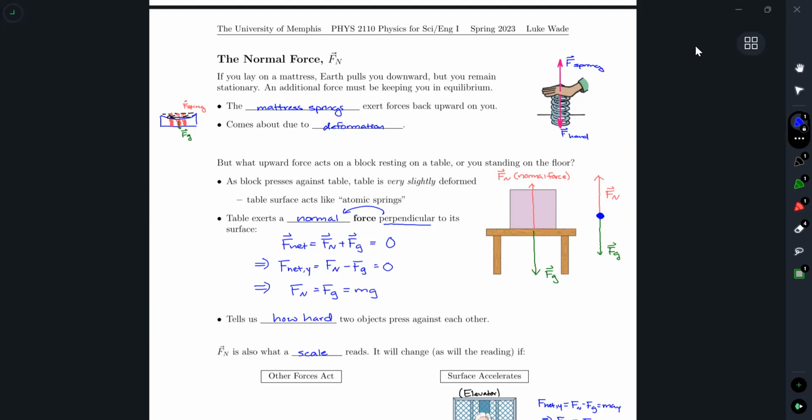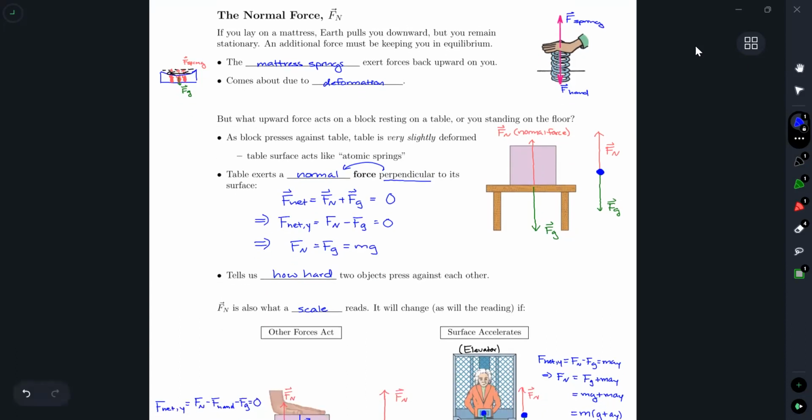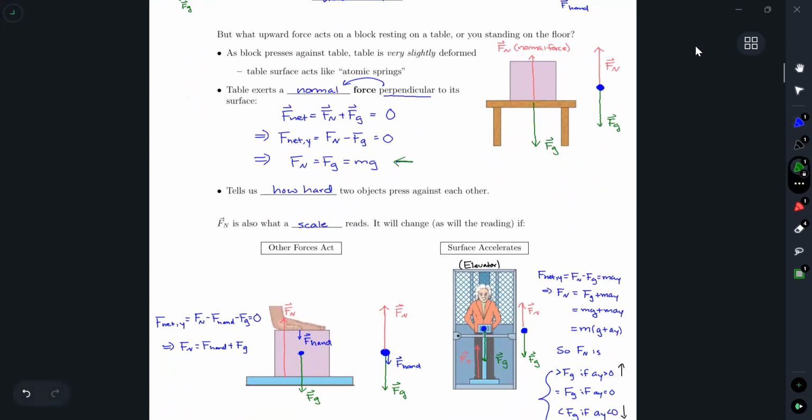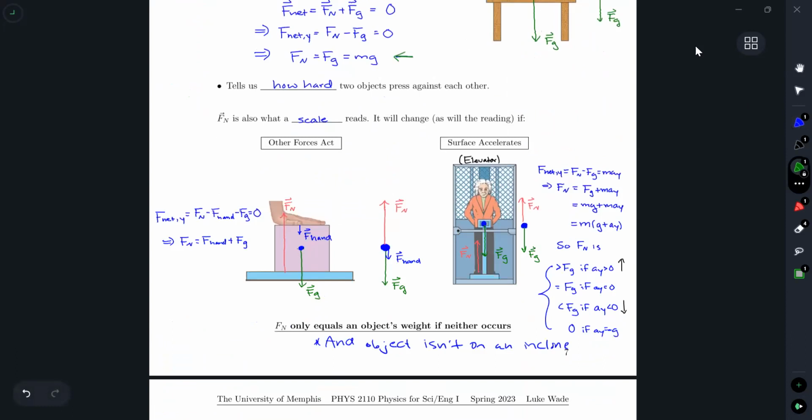So that normal force is there to balance other forces that are acting vertically so that something does not fall through tables and the ground and things like that. So that can mean in some cases that it's equal in magnitude to the weight of the object because that's what it has to balance. But there are cases where it's balancing more than just that, like you push down on the object.